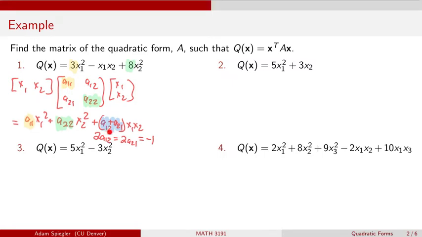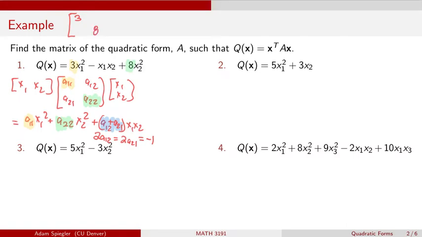So a12 plus a21 is the same thing as 2 times a12, which is the same thing as 2 times a21. Now we are ready to summarize our results. a11 came from the coefficient in front of the x1 squared term, and that was 3. The other diagonal entry, a22, comes from the coefficient in front of the x2 squared term, and that was an 8.